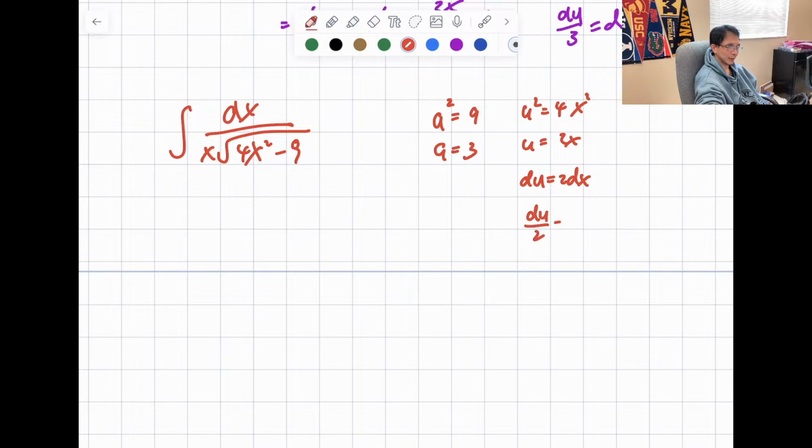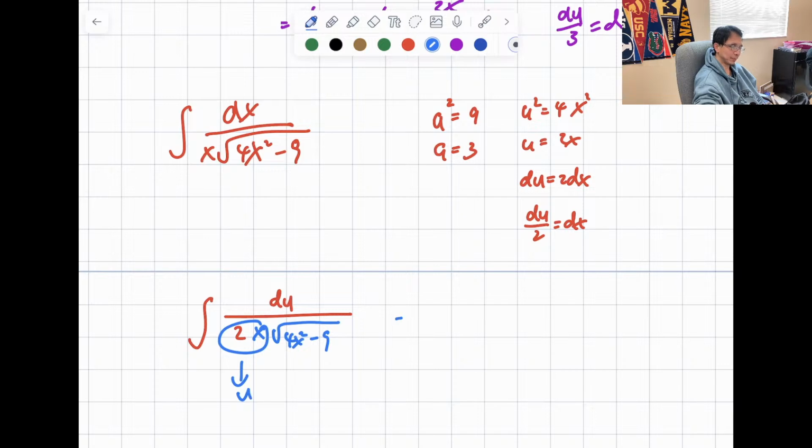So I'm actually slow today. Okay, so I'm going to change the dx to du over 2. And then this is still x, and then 4x squared minus 9. Now remember, this is actually u.